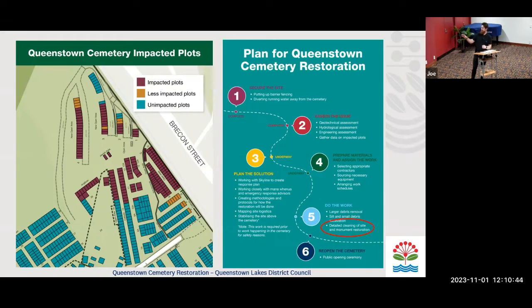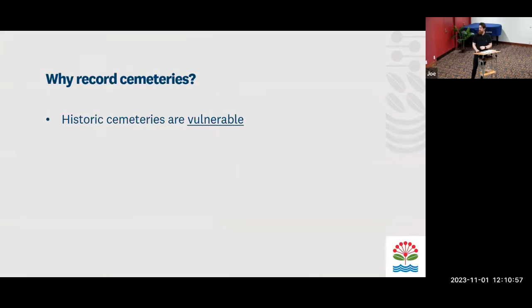So I'd like to see almost a 0.1 at the very start of this, that is detailed recording of the cemetery to enable conservation and repairs. It's aspirational. So summing up, why record cemeteries? They are vulnerable. They're extremely vulnerable spaces. As I've hopefully demonstrated, there's a lot of impacts on them. They're also just very old spaces that were designed to last this long, but they're getting to the end of their shelf life.